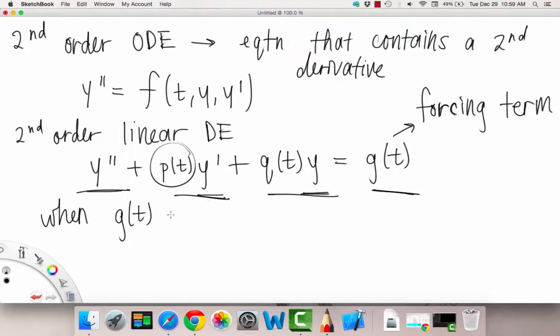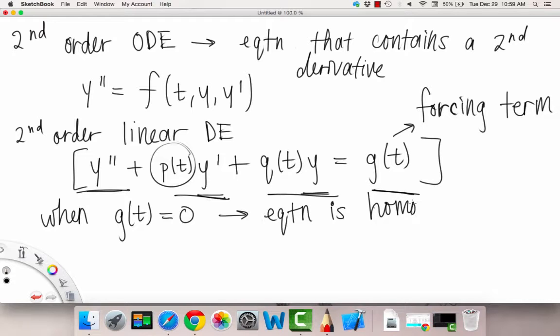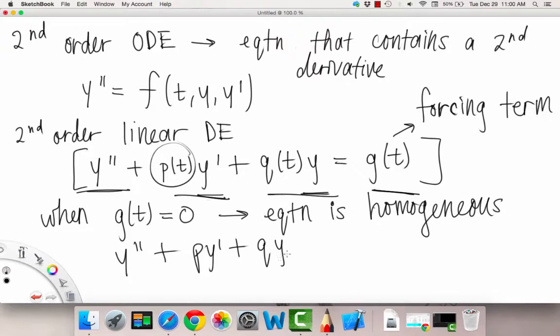So when g of t, our forcing term, is equal to 0, that means our whole equation, our second order linear equation, is homogeneous. Homogeneous, okay? So that would mean we have y double prime plus p times y prime plus q times y is equal to 0, where p and q are functions of t, okay?